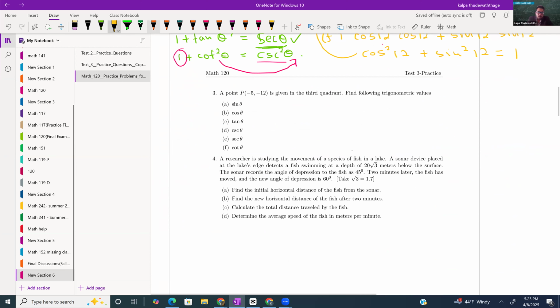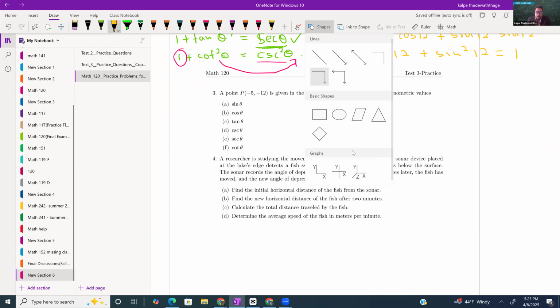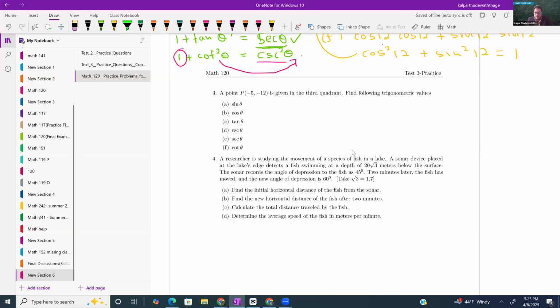So all you want to do is remind how we did it when you have a point. So if the point is in the third quadrant, it's somewhere here. This is P (-5, -12).